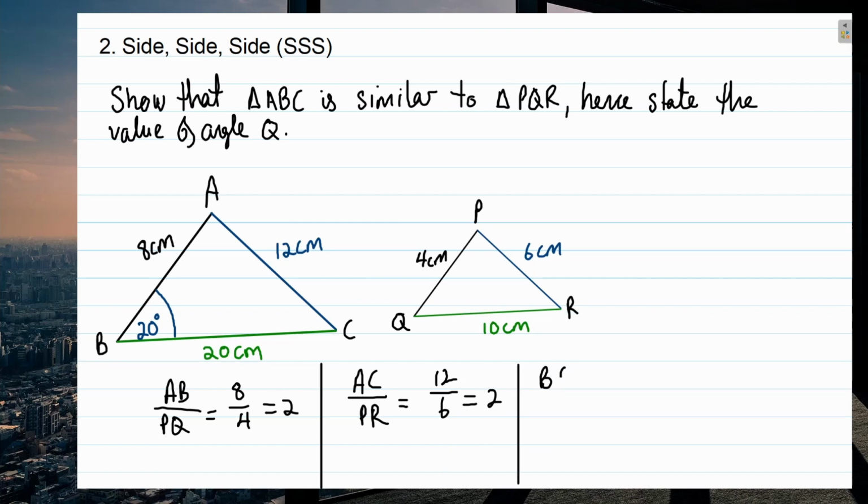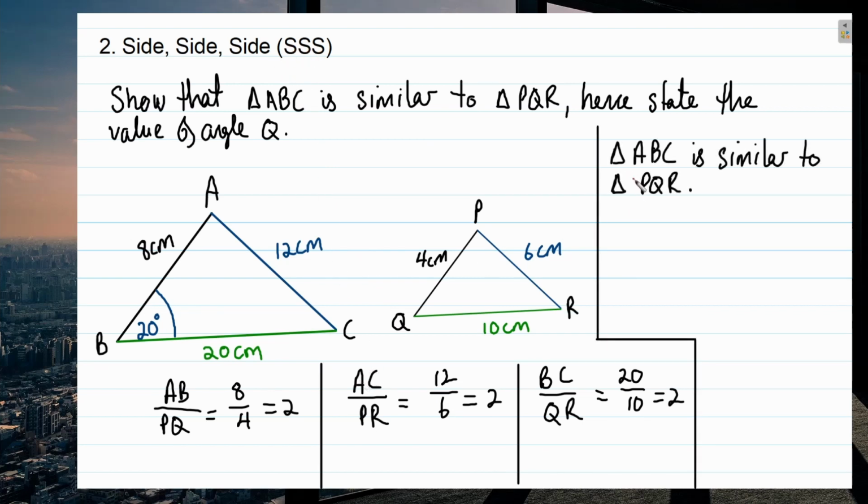And I'll have BC divided by QR, which is equal to 20 divided by 10, which is also equal to 2. So I can clearly see the ratio of my 3 corresponding sides are the same. Hence, side, side, side. So I'll make my statement that triangle ABC is similar to triangle PQR, and my reason would be side, side, side.